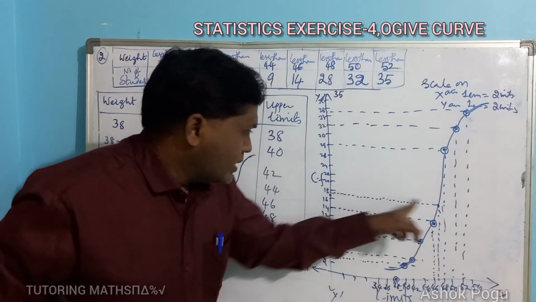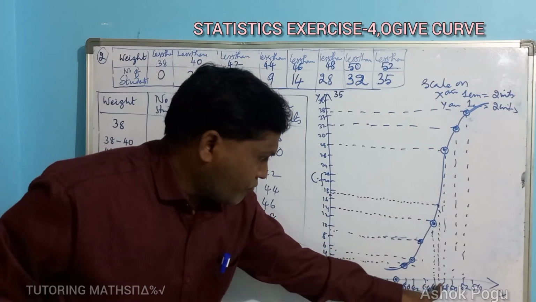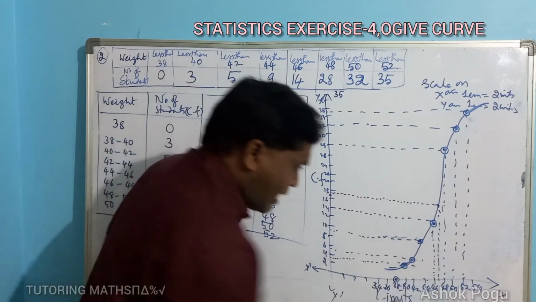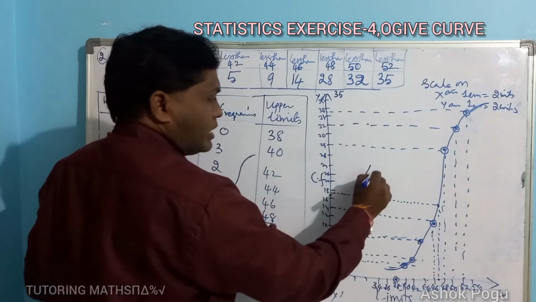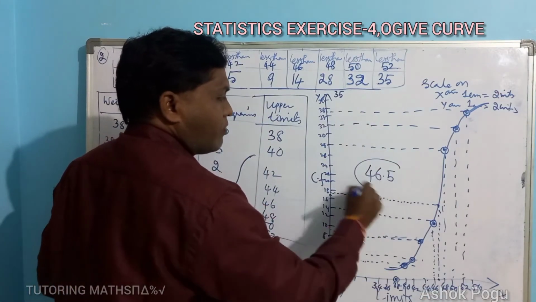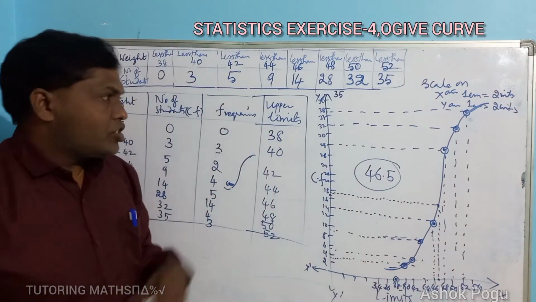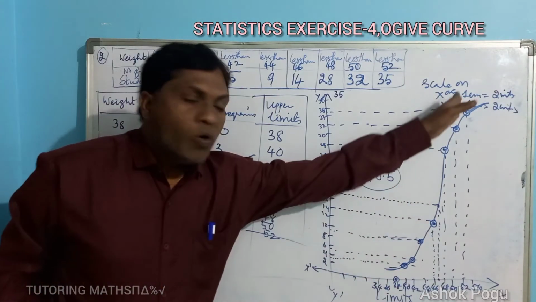Yes, it is intersecting after 46, exactly 46.5. Here, 46.5 is the median weight of the students by using Ogive curve.